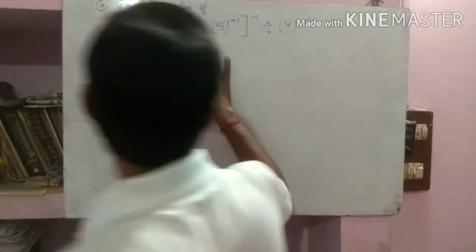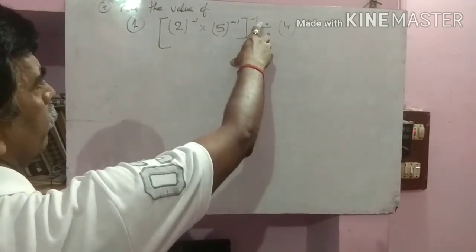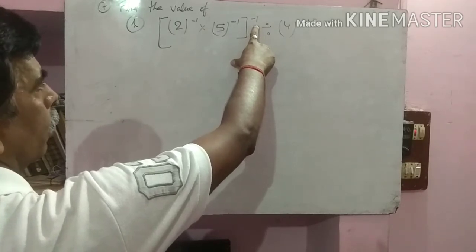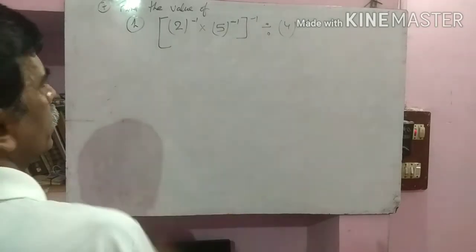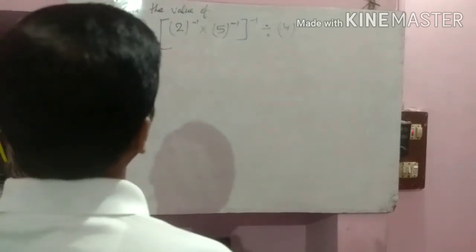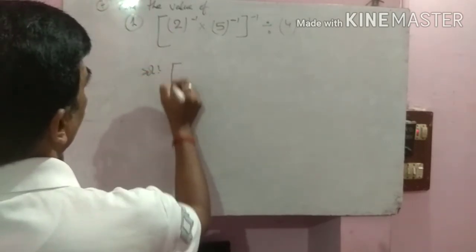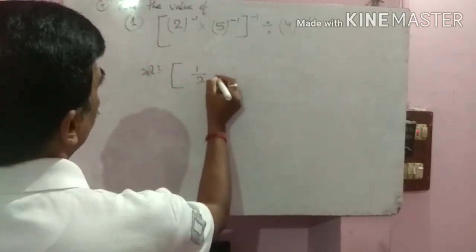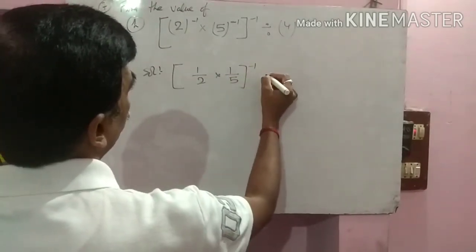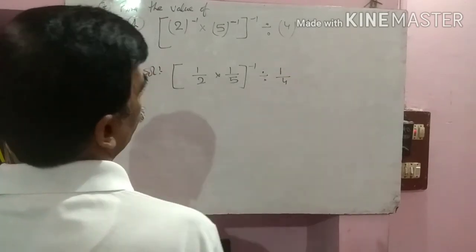Okay, this is the actual question, question number 8 of question number 7. By mistake I left out the power, raised to the power minus 1. It was missed in the last question which I solved here. So the actual question is this one. I am going to solve it once again. So it becomes 1 by 2 into 1 by 5 to the power minus 1 and 1 by 4, like this.